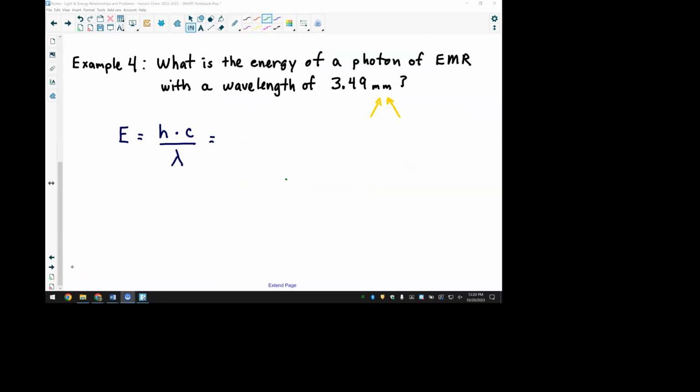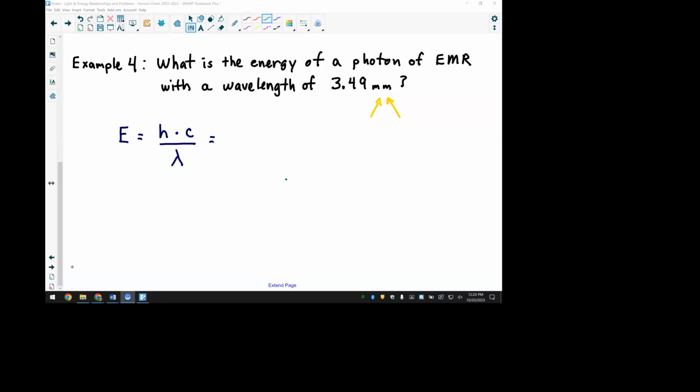The last sample problem here is an energy-wavelength problem. What is the energy of a photon, another name for one single beam of light, of electromagnetic radiation with a wavelength of 3.49 millimeters? I'm highlighting millimeters because there's something we need to realize about wavelength.